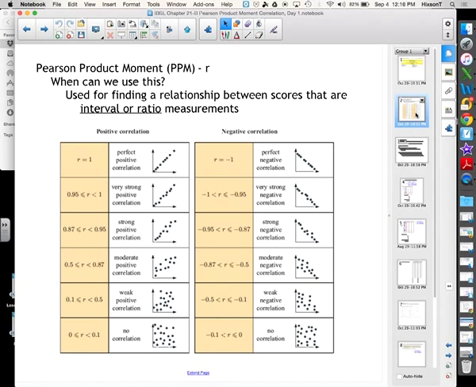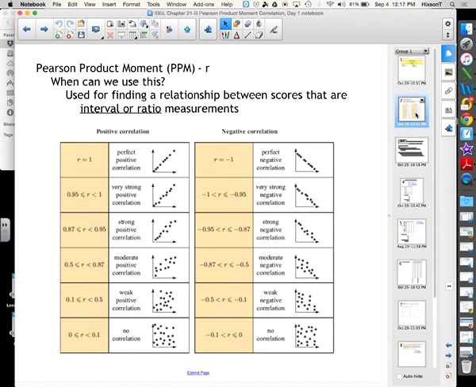Now, when can we use the Pearson product moment or the Pearson's R value? We can only use this when we're dealing with interval or ratio measurements. This is going to be really important, because it's really easy to want to use this with ordinal data.